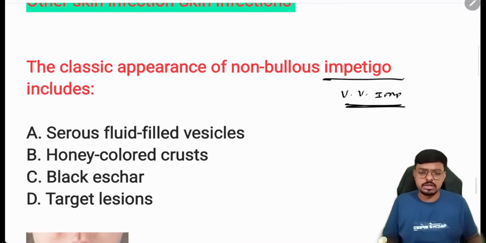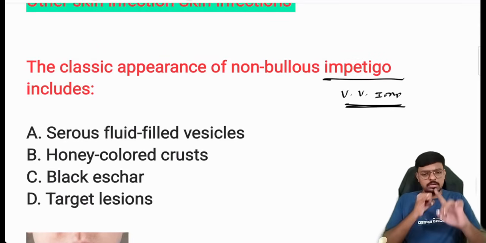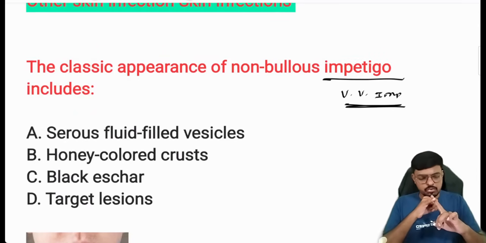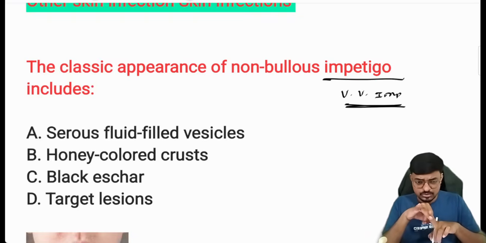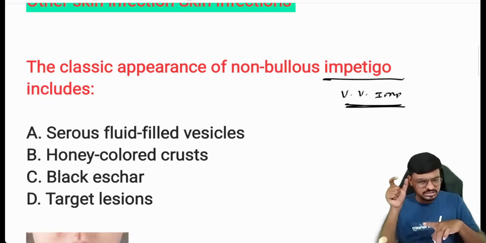Until now we have discussed Candidiasis, all the types of Candidiasis and its treatment. After this, we discussed herpes zoster. The golden point to keep in mind in herpes zoster is the chickenpox history.